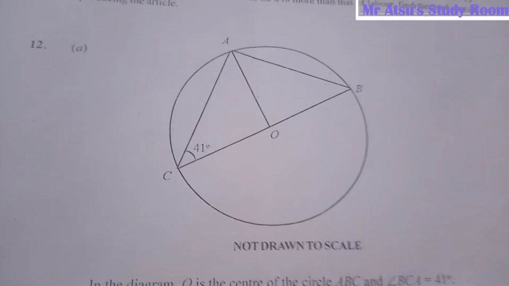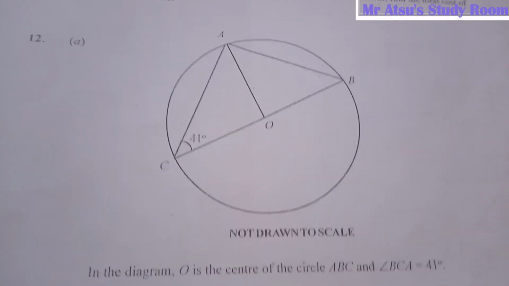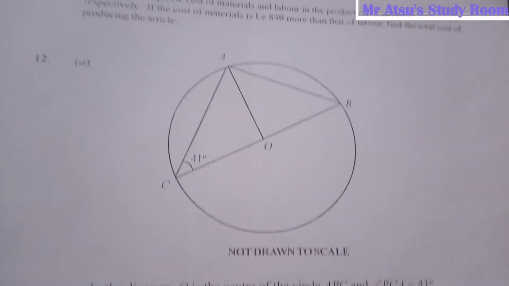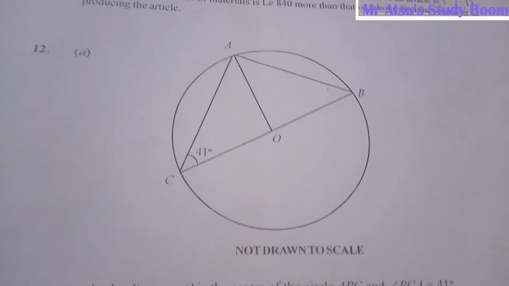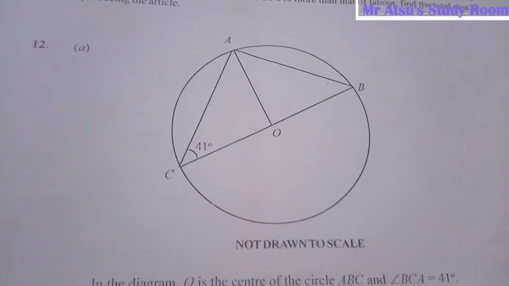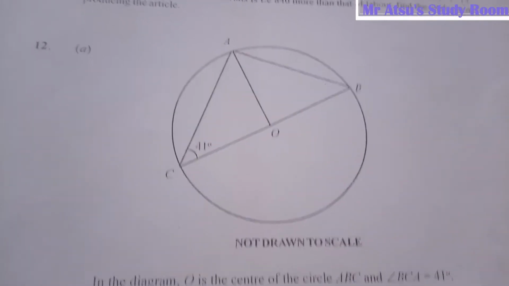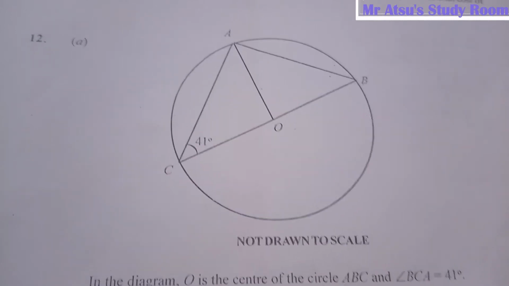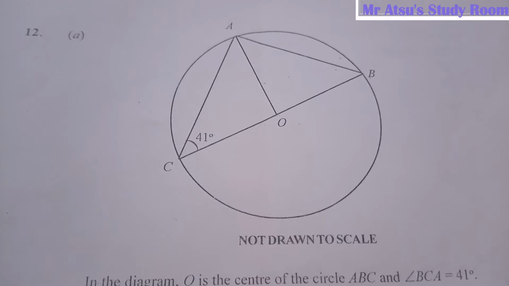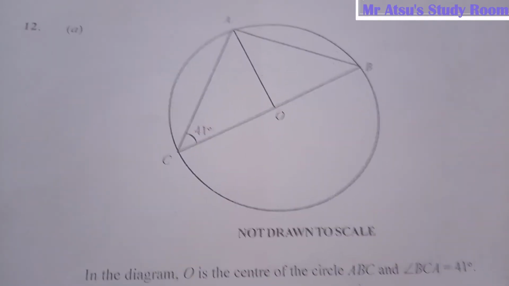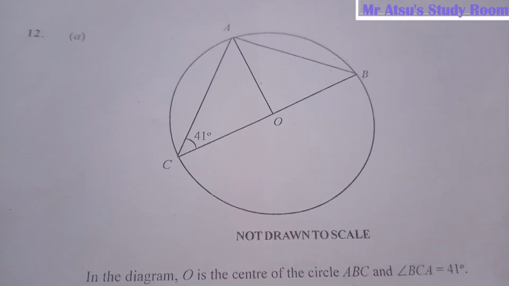That's the sum of interior angles of triangle AOC. So we know that OCA is 41, CAO is also 41, plus angle AOC should give us 180 degrees.